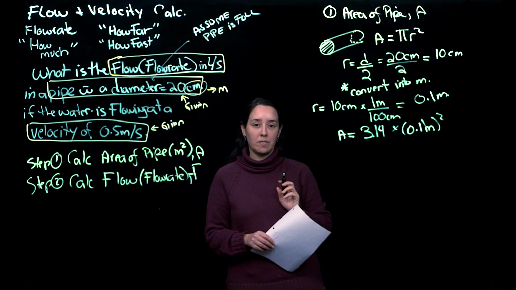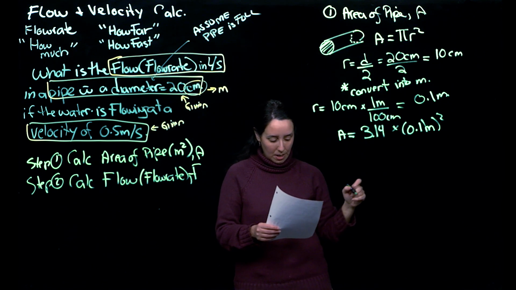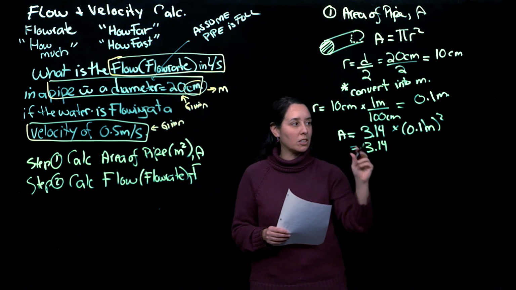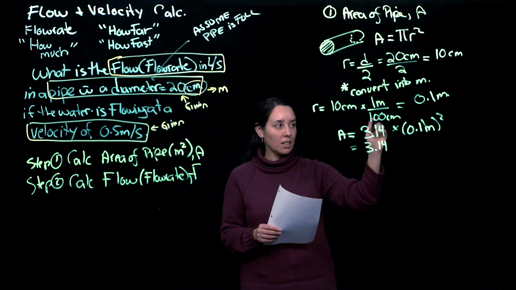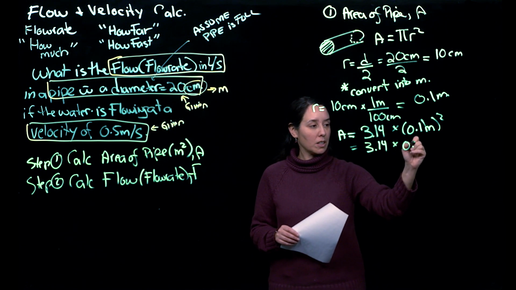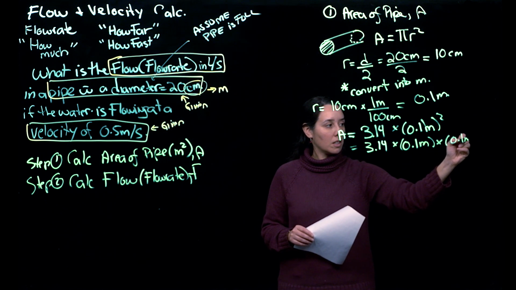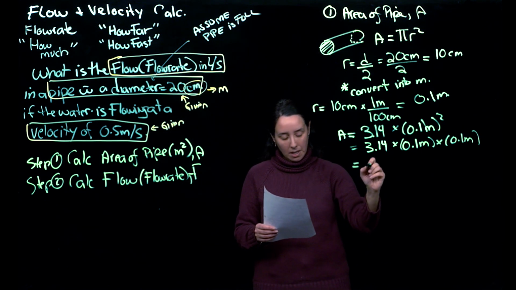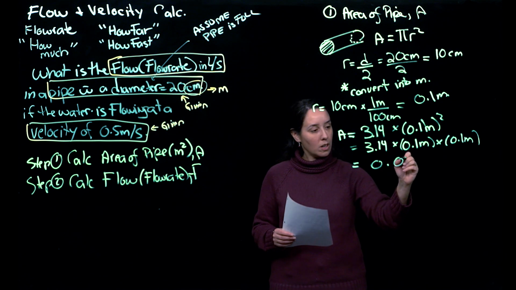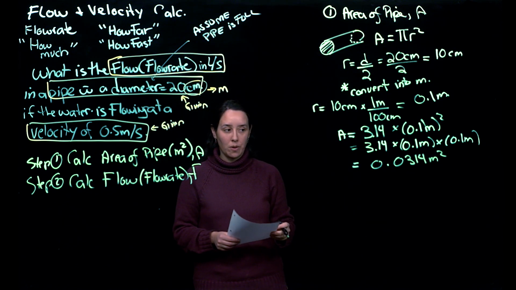Some people don't like to use the square function on their calculator. Squared just means it's multiplied twice, so you can also just do it this way. When you put that on your calculator, you get 0.0314 meters squared for the area.